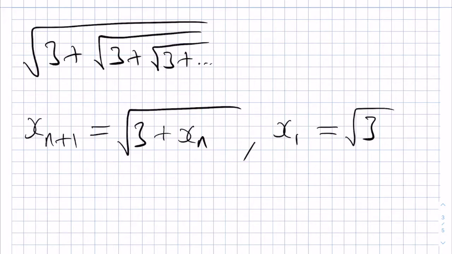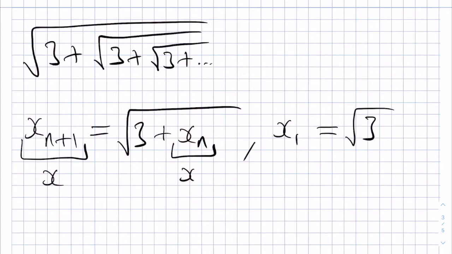Now, if this sequence converges to a limit, then we can find this limit by setting x_n equal to x and x_{n+1} equal to x as well, and then solving for x. This method works for any inductive sequence, as long as it converges.